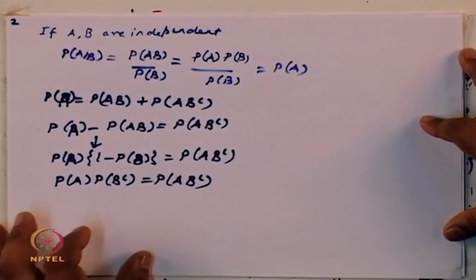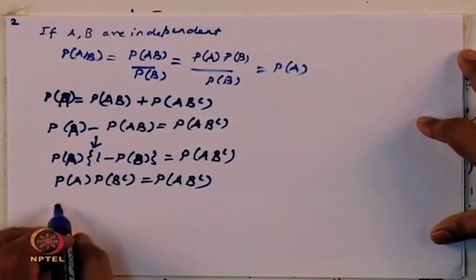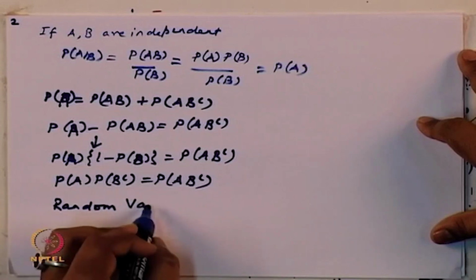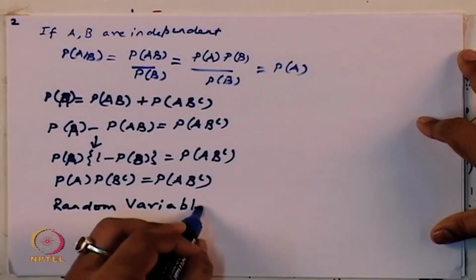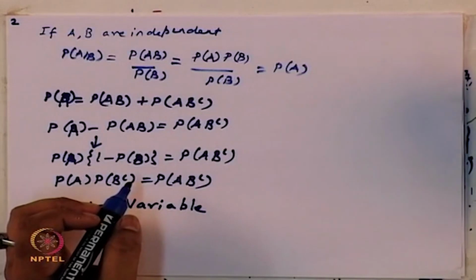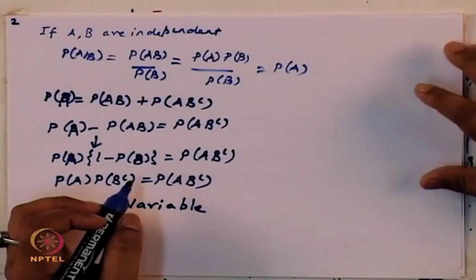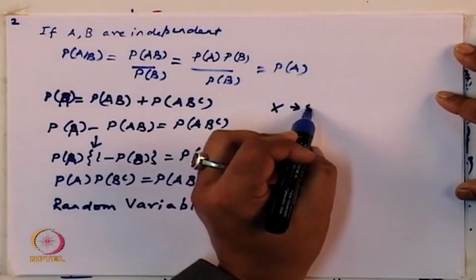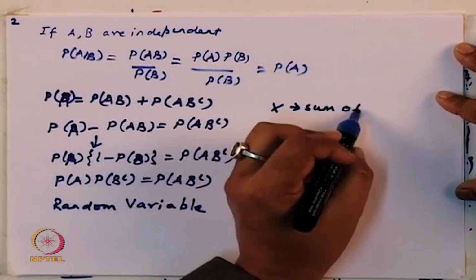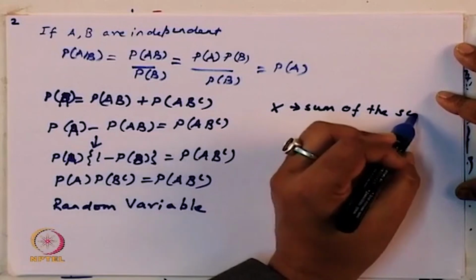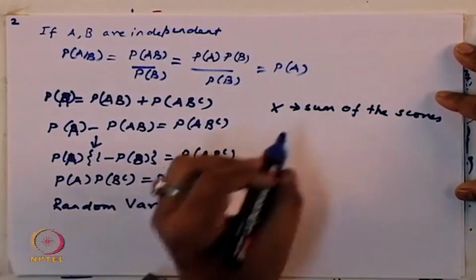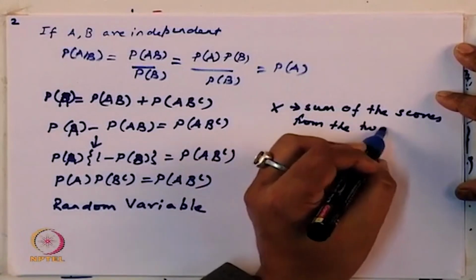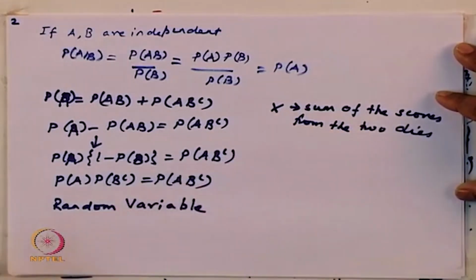Towards the end of last lecture, we had discussed random variables. Specifically, we discussed the case of toss of a die twice. You can define a random variable x, which is the sum of the scores from the two dice.